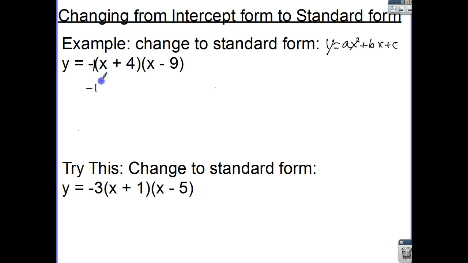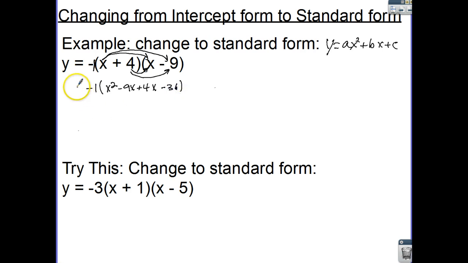And let me suggest that you do the binomials first. So multiplying the binomials, we have first times first, or x times x, and that gives us x squared. And that's first times first. Then outside, this is the FOIL method, x times -9, and I have -9x. The inside, positive 4 times x, and I have positive 4x. And then last times last, or 4 times -9, and we have -36.